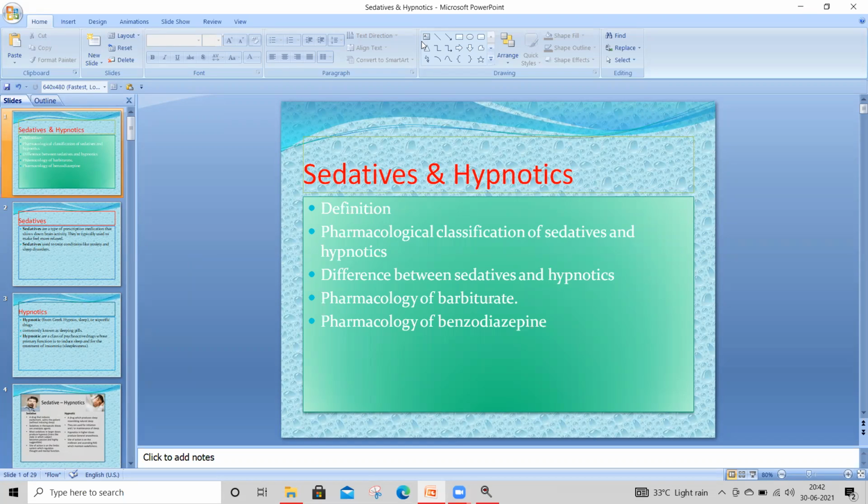About sedatives and hypnotics. So first of all, here I will include this topic: definition of sedatives and hypnotics, pharmacological classification of sedatives and hypnotics, difference between sedatives and hypnotics, pharmacology of barbiturate and pharmacology of benzodiazepine.